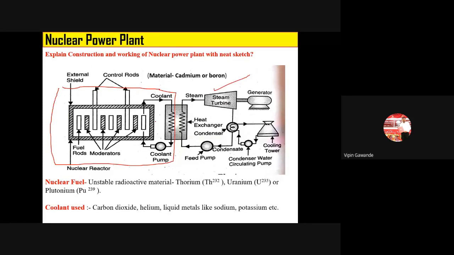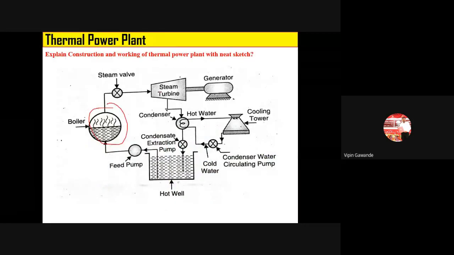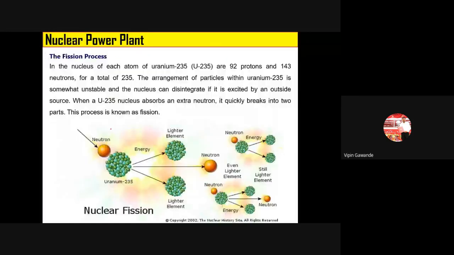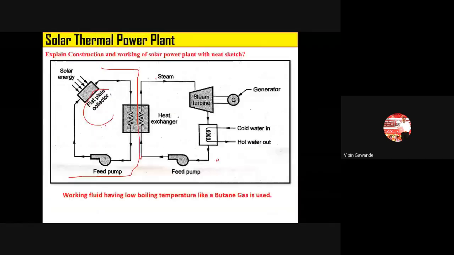And in case of thermal power plant, we have used the boiler, and this part is same. So if you are using boiler, thermal power plant. If you are using the nuclear reactor, nuclear power plant. And if you are using the flat plate collector, then it becomes what? Solar thermal power plant. Okay?